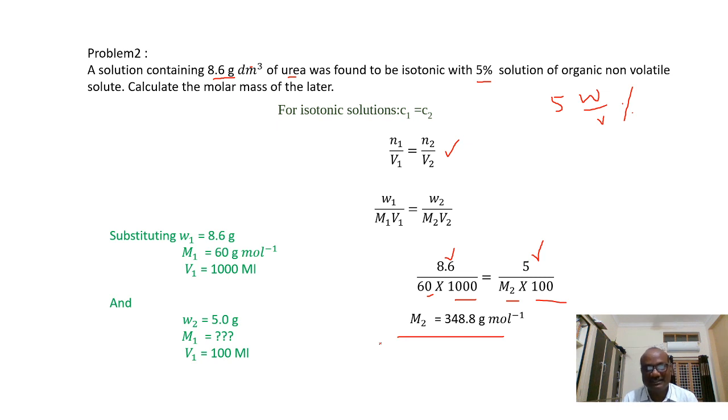Second is Van 't Hoff's Charles law: the osmotic pressure of a solution, pi, is directly proportional to absolute temperature at constant volume. Third is Van 't Hoff's Avogadro's law: if two solutions have the same volume and exhibit the same osmotic pressure under the same conditions of temperature, they will have the same number of moles.